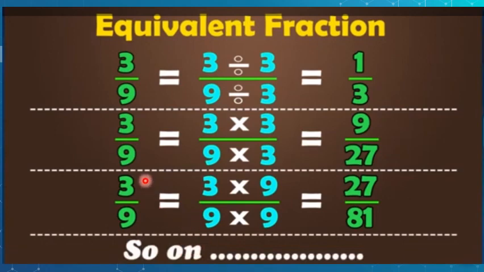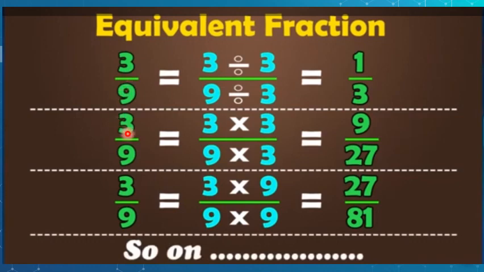It means we can multiply or divide the numerator and denominator by the same number, and then we get the equivalent fraction. Like in this example, when we divide the numerator and denominator of 3 by 9 by 3, we will get 1 by 3, and 1 by 3 is the equivalent fraction of 3 by 9.